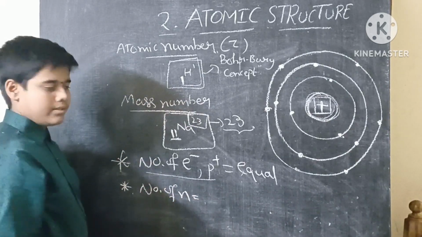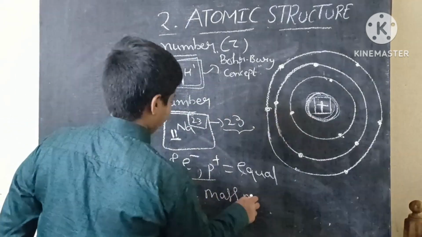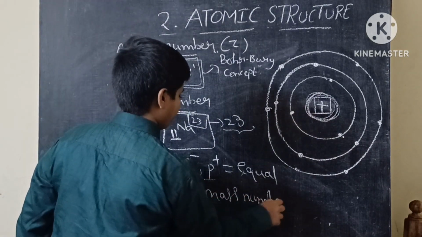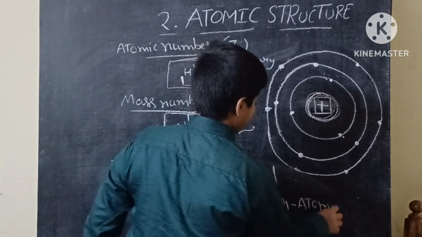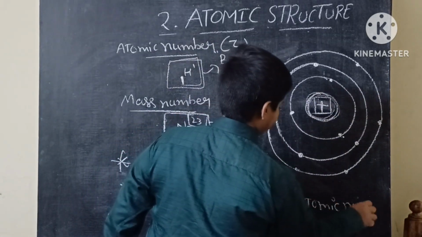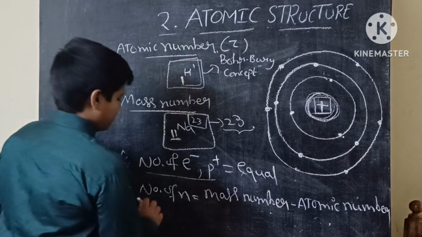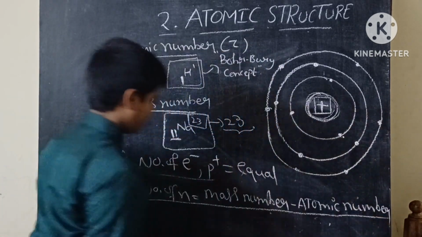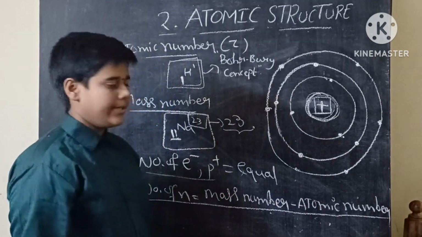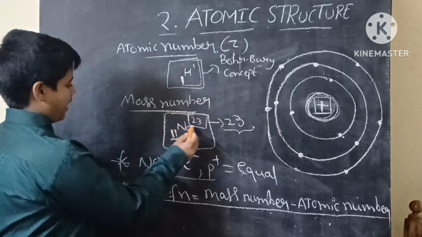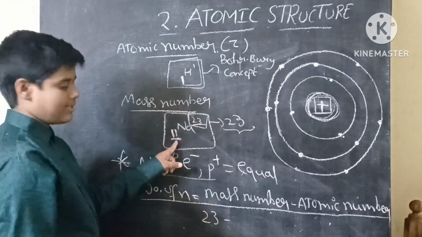So like this we can find number of electrons and protons, and another, number of neutrons. Number of neutrons means mass number minus atomic number. If I take here sodium, mass number is 23, so 23 minus atomic number 11.